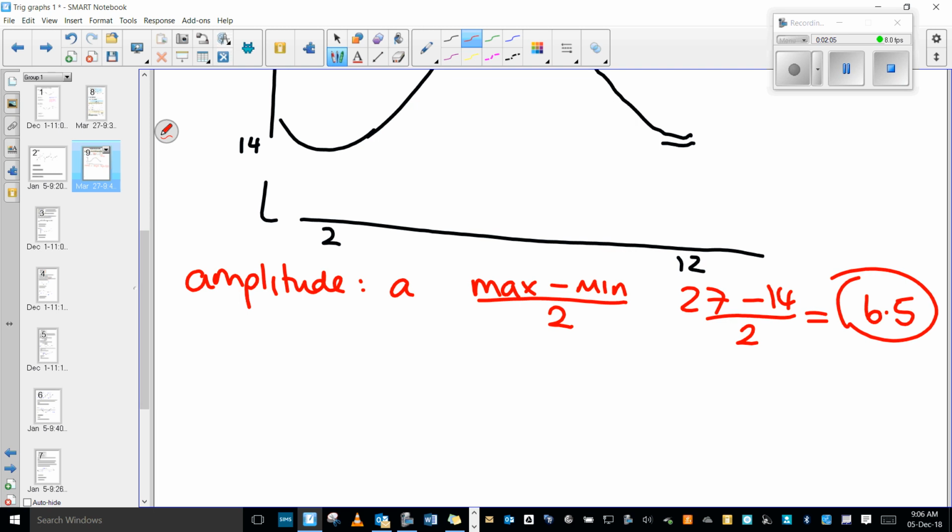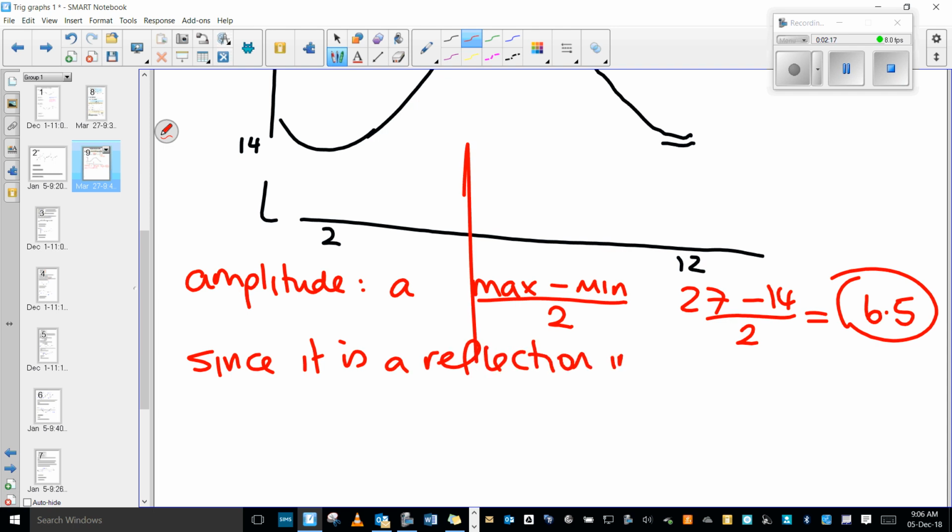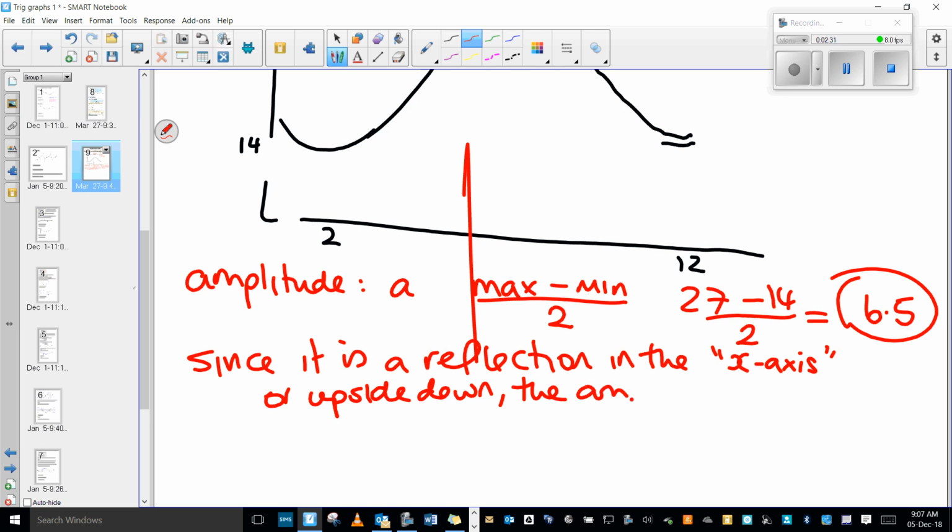Are we all happy with that? Yes. So, since it is a reflection in the x-axis, I'm going to say x-axis, but you know secretly I don't mean that, or upside down, the amplitude must be negative.